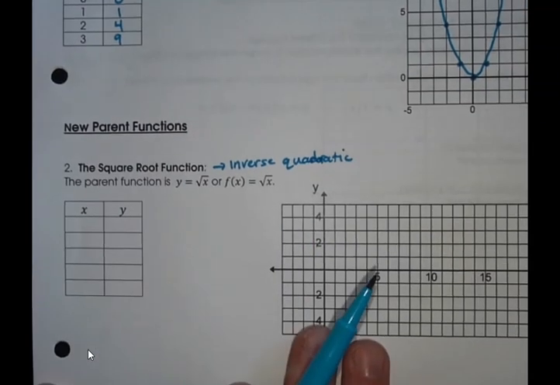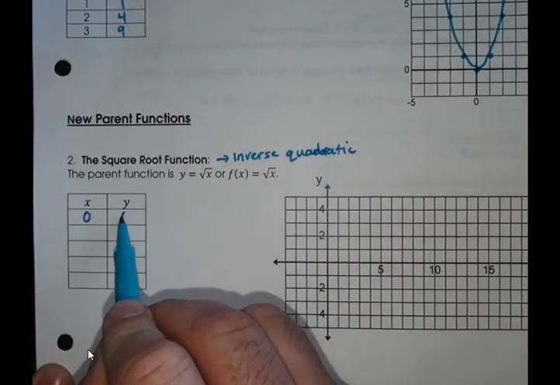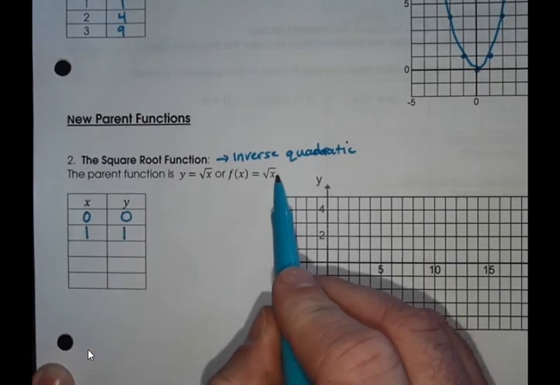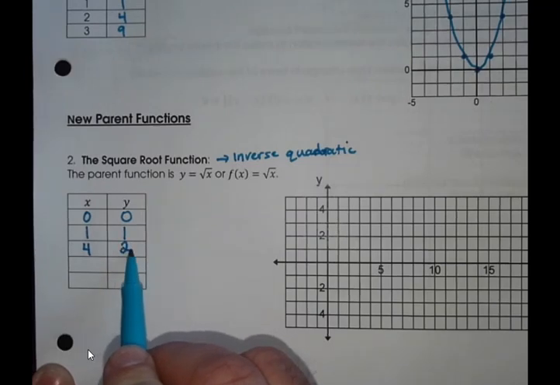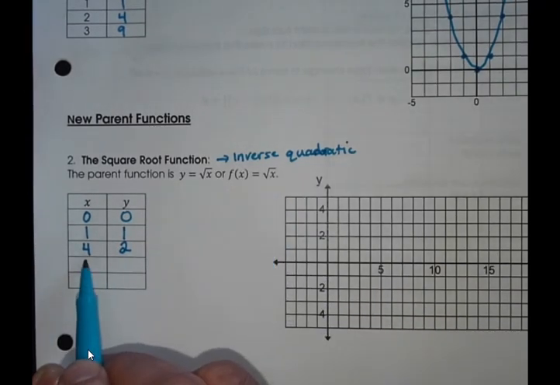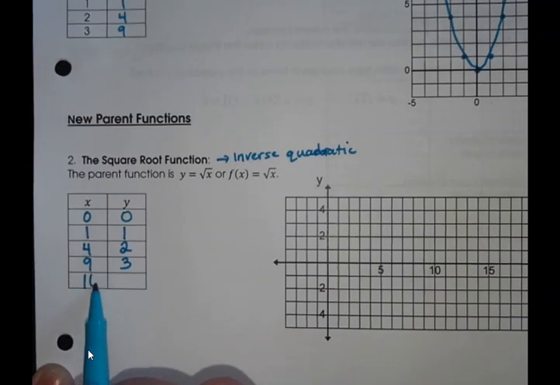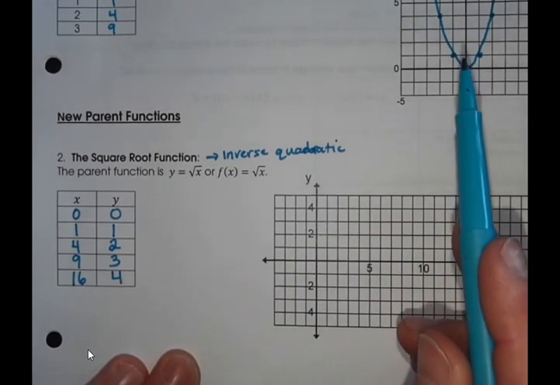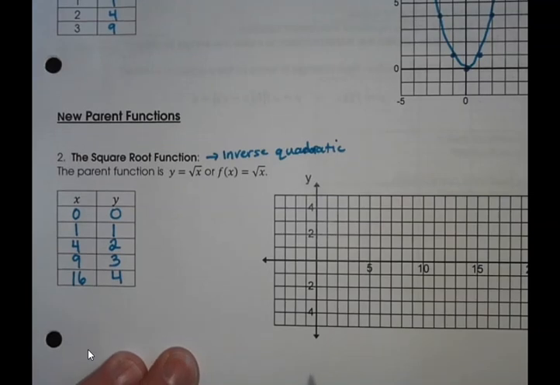The inverse of a quadratic means that our vertex still starts at 0, 0, our point 1, 1, and then the next point, the square root of 4, would get me 2. The square root of 9 gets me 3. The square root of 16 gets me 4. What this is going to look like is taking that parabola that we have up there, and it's going to look like it's on its side.